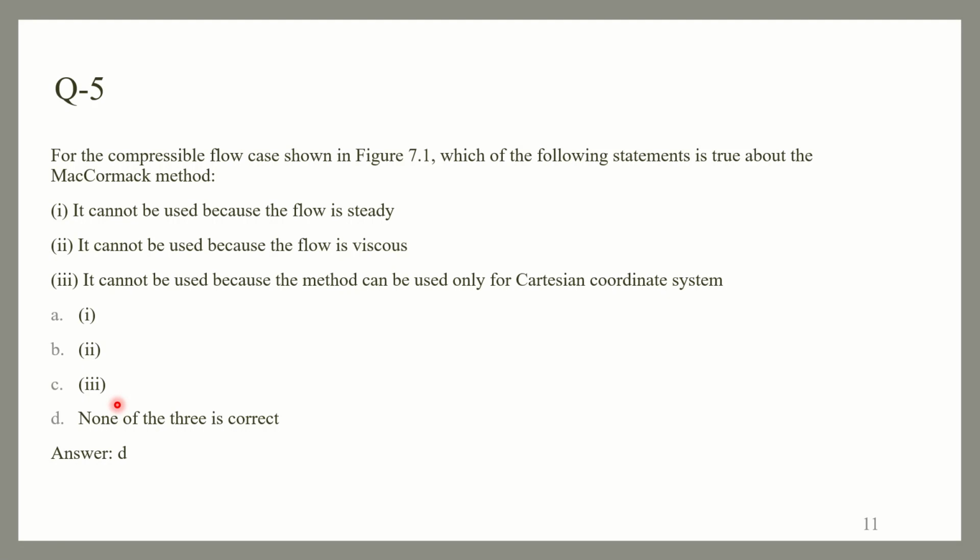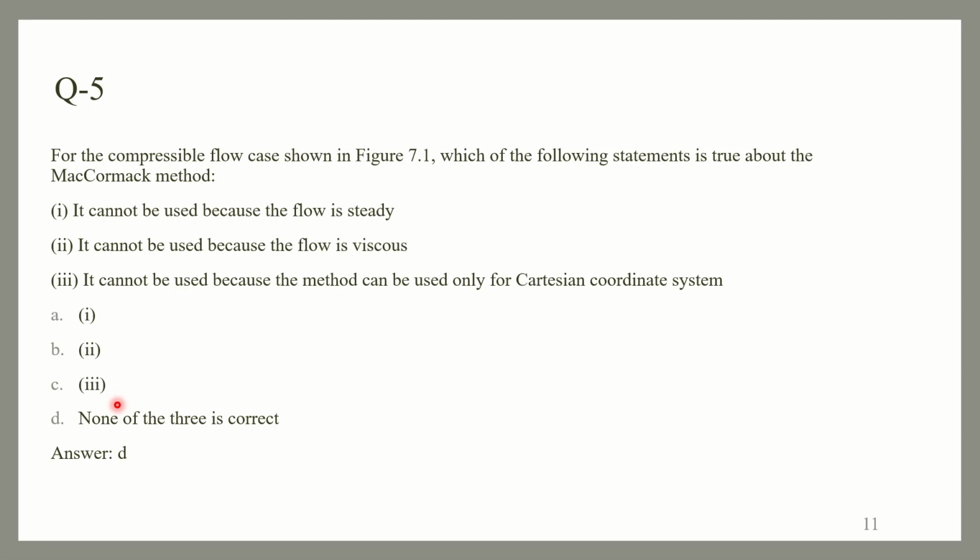Because in McCormick method we can use it for steady flow system, and it can also be used to solve the viscous flow system, and similarly it can be used for the Cartesian coordinate system as well. It does not restrict itself to any of the things that is mentioned over here.